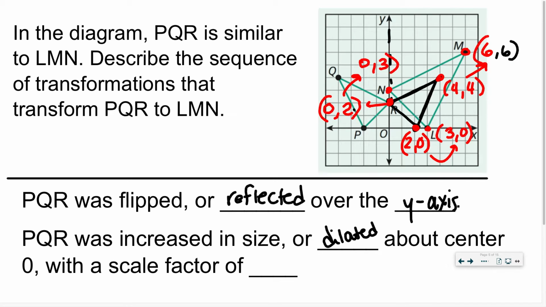What do you think I multiplied by? Think about going from 4 to 6. Did I multiply by 2? No. Did I multiply by 1? No. Because it would have stayed the same. 1.5. I multiplied by 1.5. And we were able to figure it out because we had our original figure and our new figure. We could actually compare the movement.